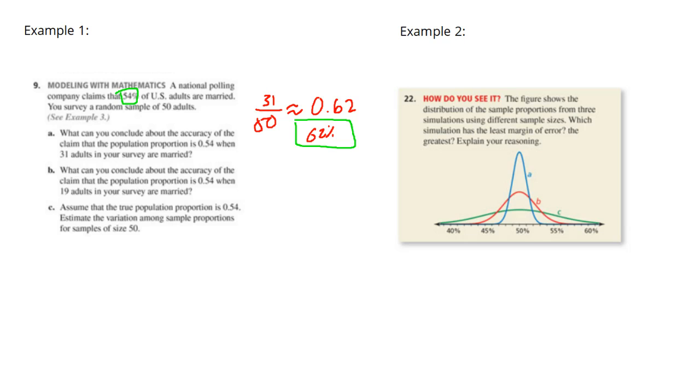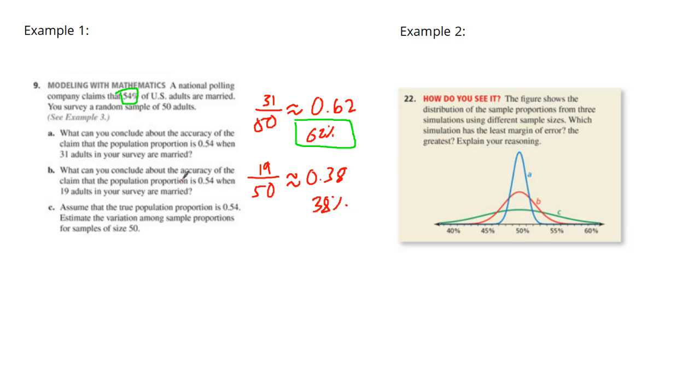Whereas if you live in Lawrence, Kansas, a college town, there's no one married there because there's a university there, and most of the people are college students. 19 adults would get you 19 over 50, which is about 0.38. So this is an even bigger variation.